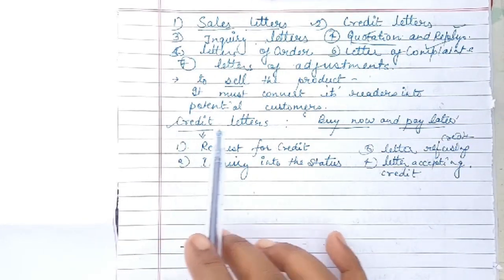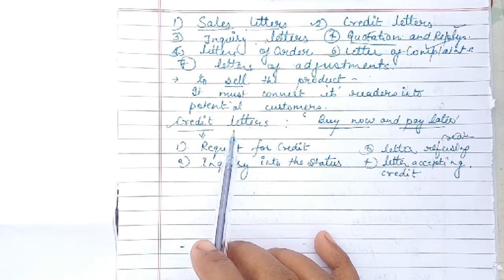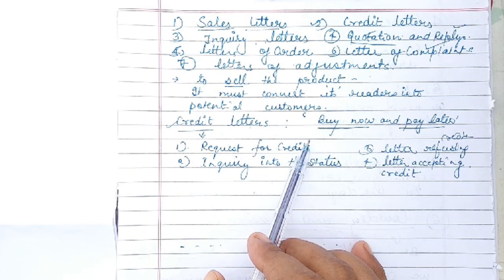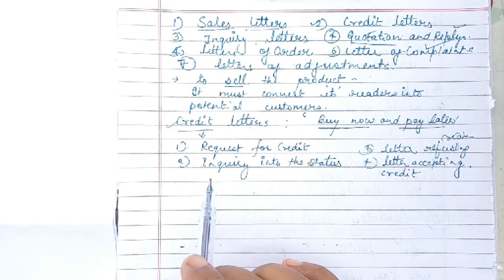So credit, as you know, means we buy something today, but we promise the second person that we will pay in future when the sales are over. So it can be written in 4 formats.